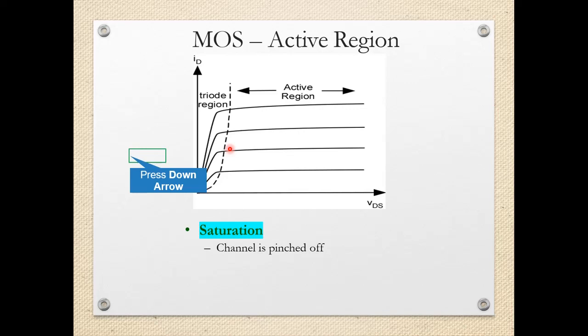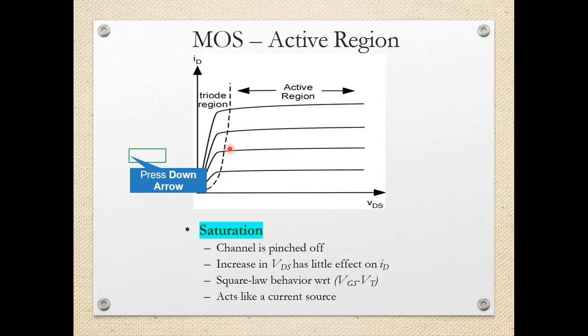So in the saturation, the channel is pinched off. Increase in VDS has little effect on ID. So just now we have seen in that graph, even if VDS is increasing, ID is not increasing much. Square law behavior with respect to VGS minus VT and acts like a current source.